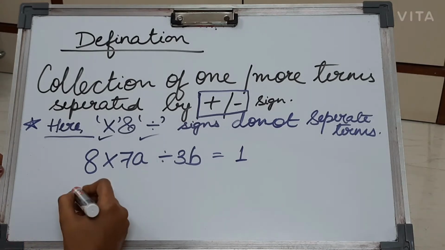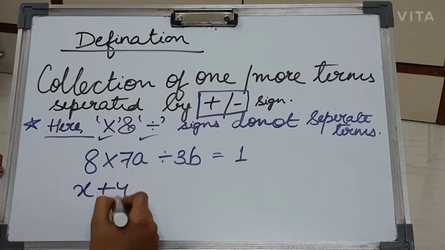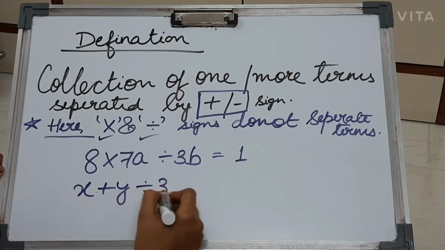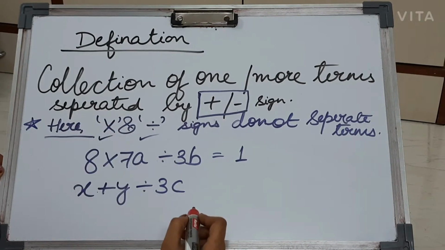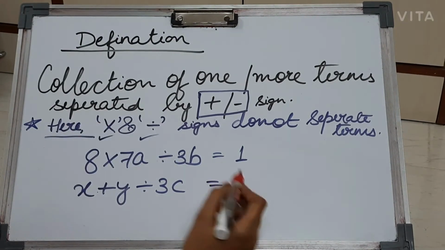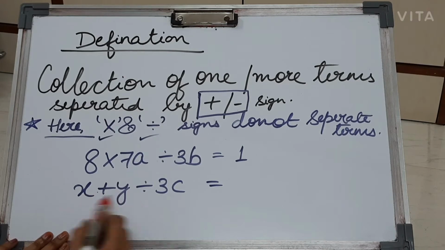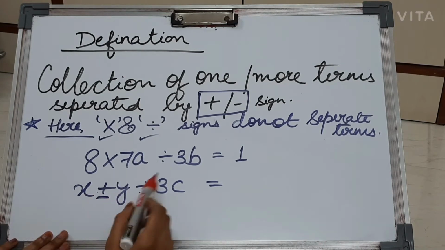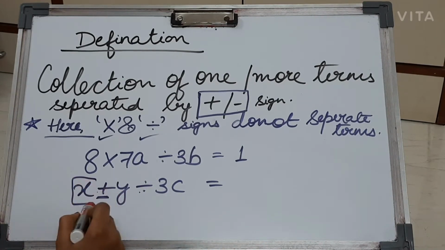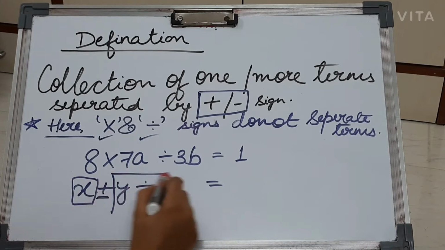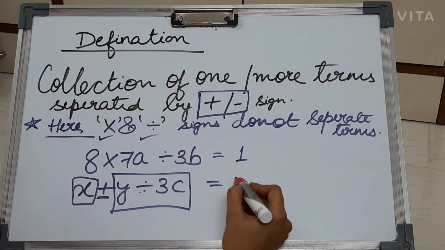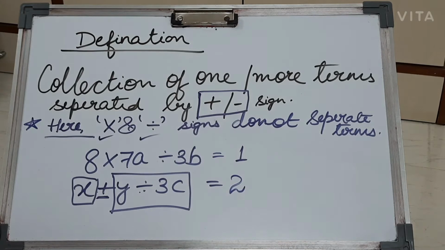Suppose x plus y divided by 3c. How many terms are here? We will count. There is one plus sign, and division we will not take into account. So this is one term and this is the second term. So how many terms are here? 2. Okay.